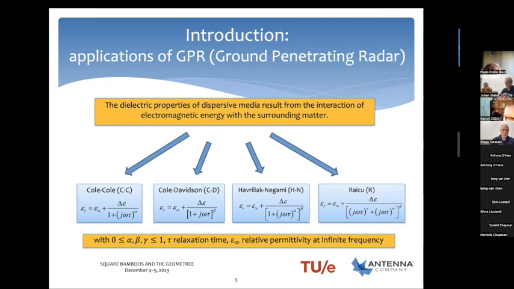Starting from the Cole-Cole and Cole-Davidson models shown on the left-hand side, as well as their generalization introduced by Havriliak, Negami, and Raicu, that are shown on the right-hand side, you can notice a growing complexity of the models moving from left to right.